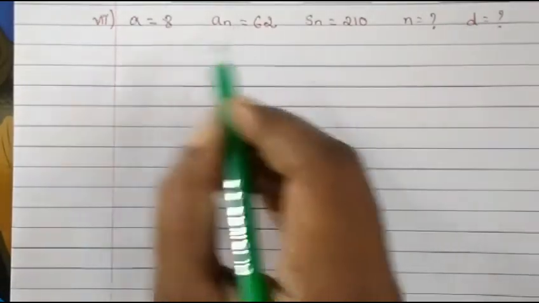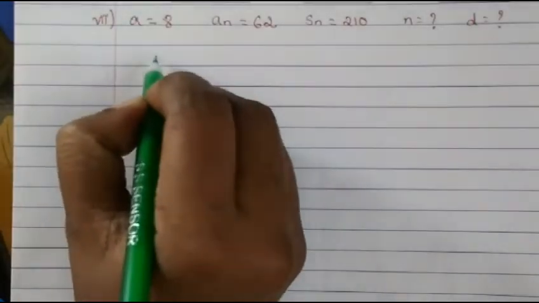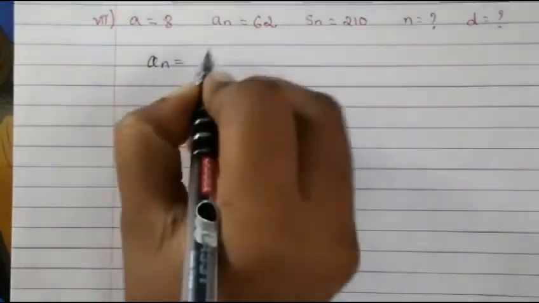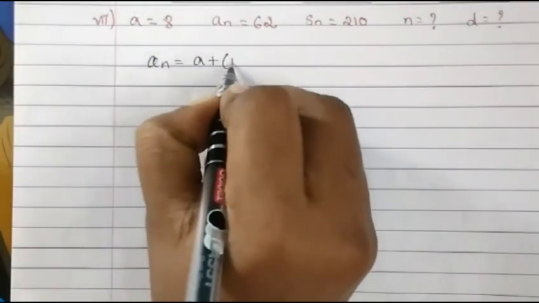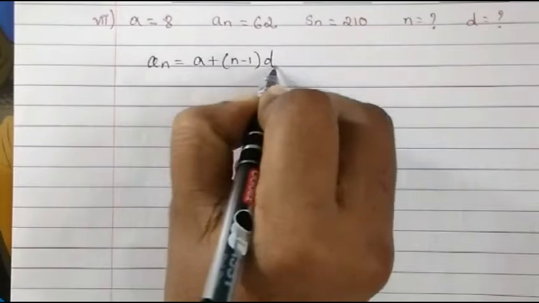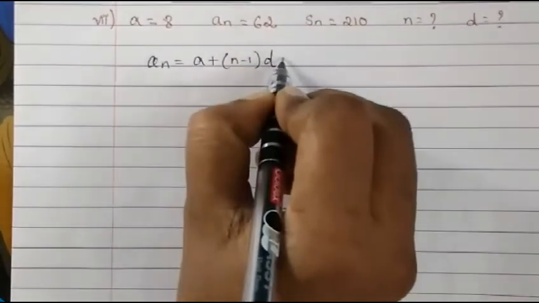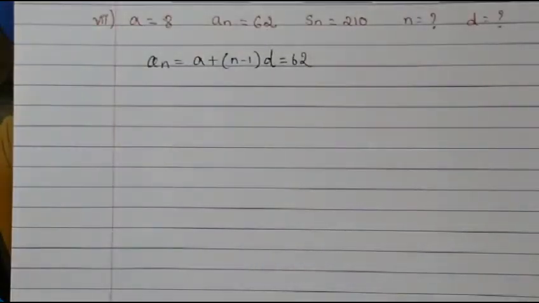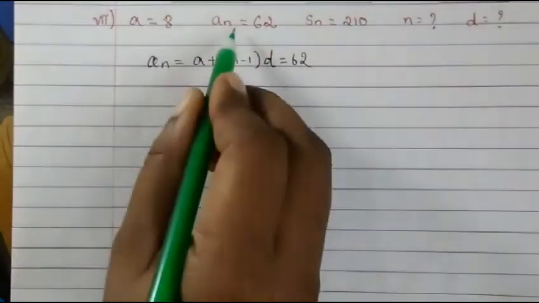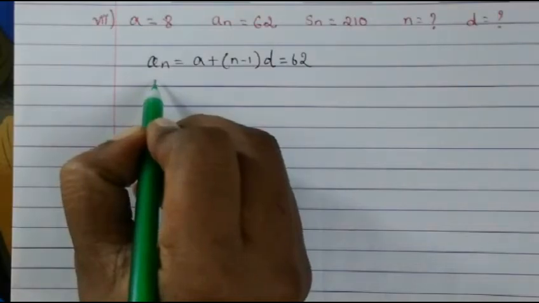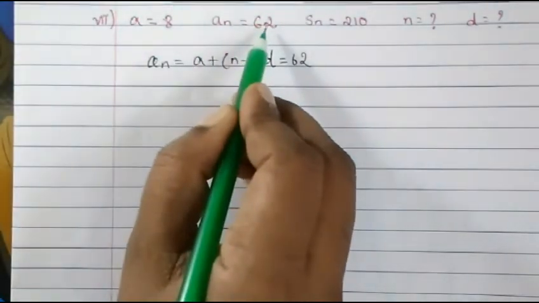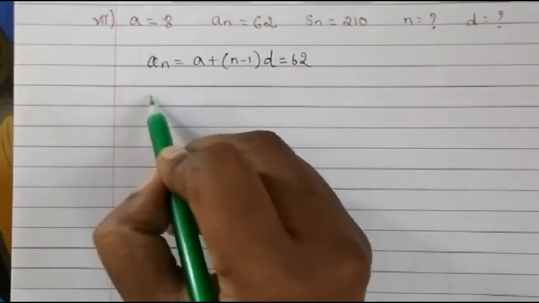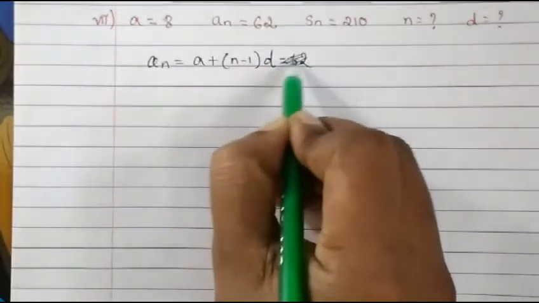So an can be written as, this formula is an equal to a plus n minus 1 d, which is equal to 62, because an is given to us as 62. So in the place of an we will write down the 62.